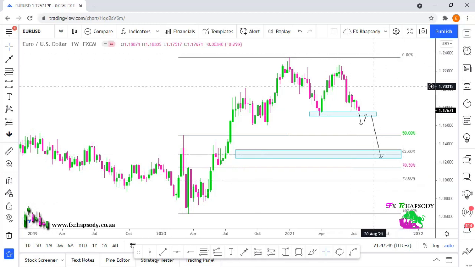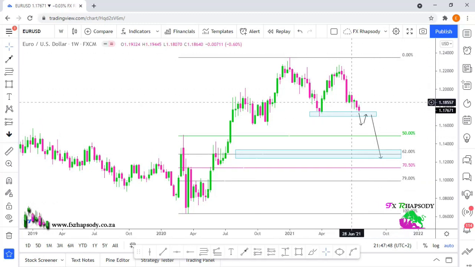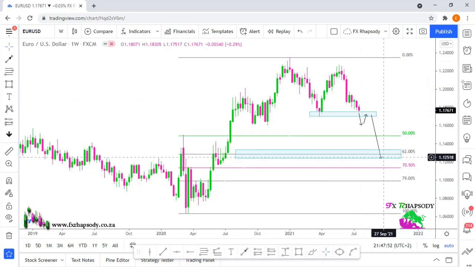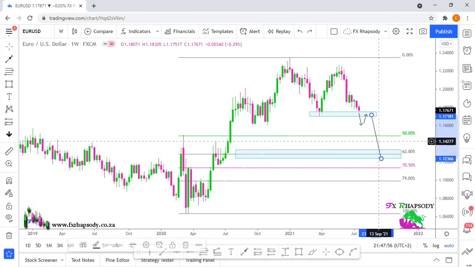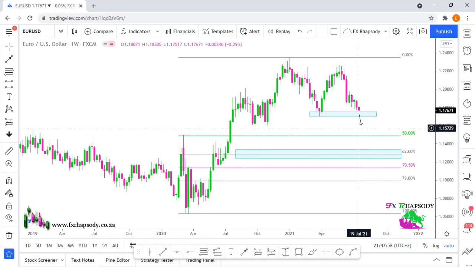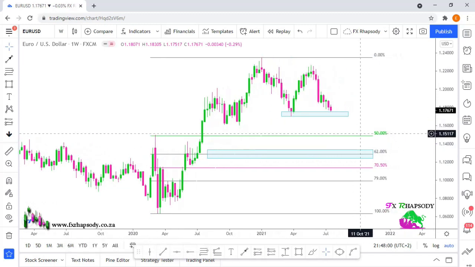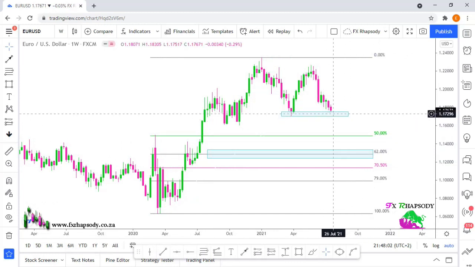I'll go back to the monthly just now. But on the weekly time frame, I would like to see price at least shooting for that target at the 62%. But for now, we want to see price break this area.